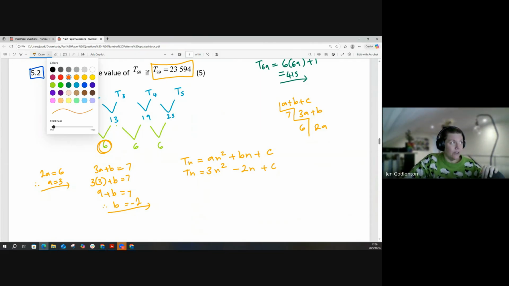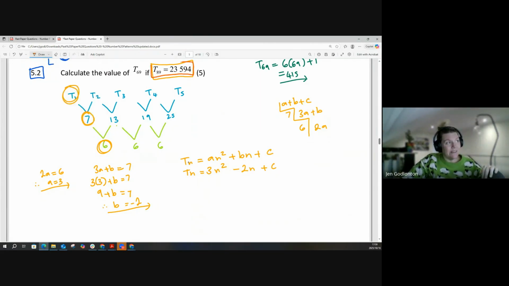However, we do know, you see, I would call this color orange. For me, this is orange, and the other one's yellow. But anyway, I digress. We have this important information over here. That's telling us that when n is 89, Tn is 23594. That's what that information is telling us.